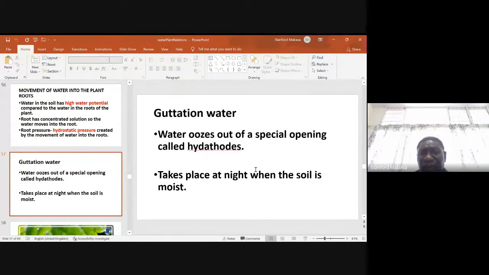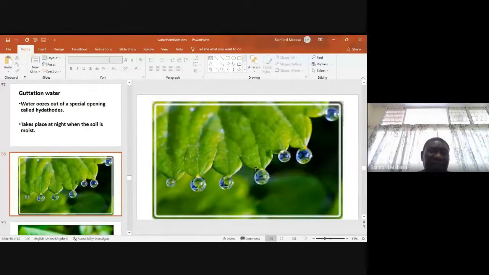Water can ooze out of special openings called hydathodes. These are found on the edges of the leaves. And this process only takes place during the night. Loss of water via the hydathodes is the one which is referred to as guttation.